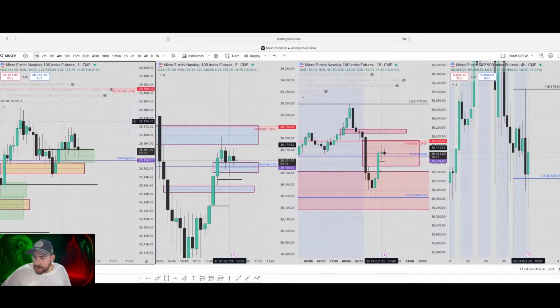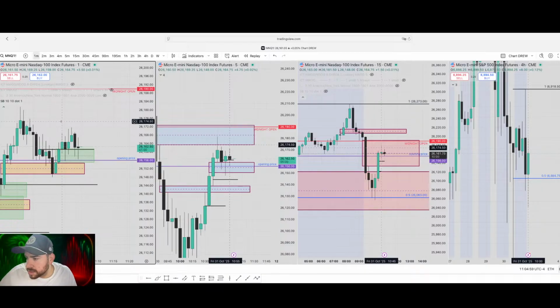Still want to see lower, see what we can get here. Let's see what we got going on here.